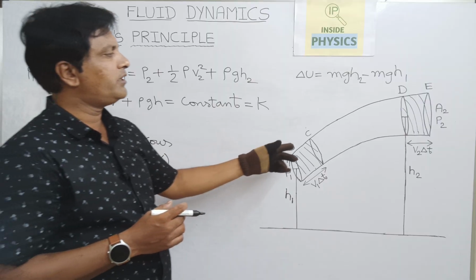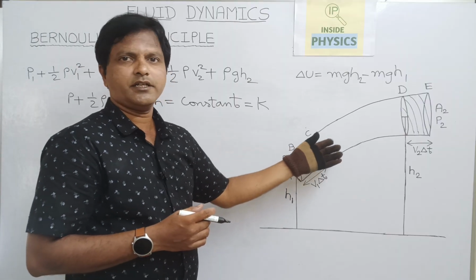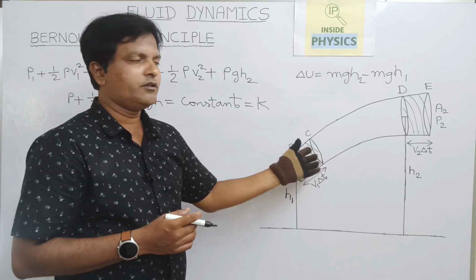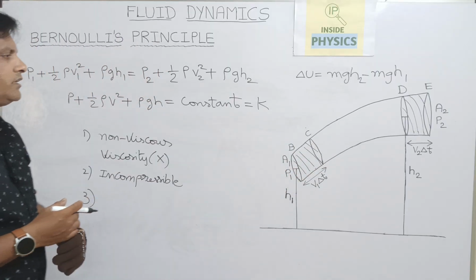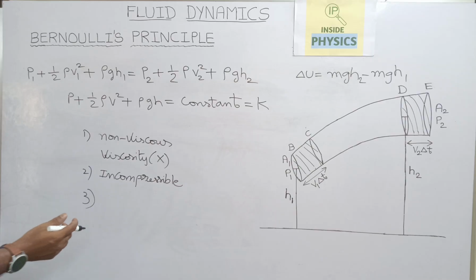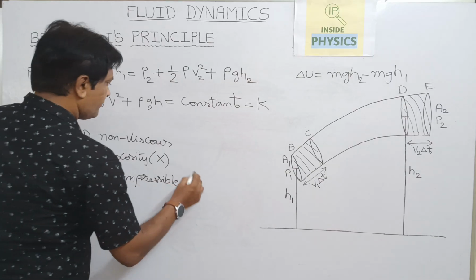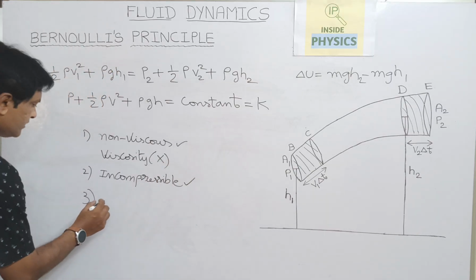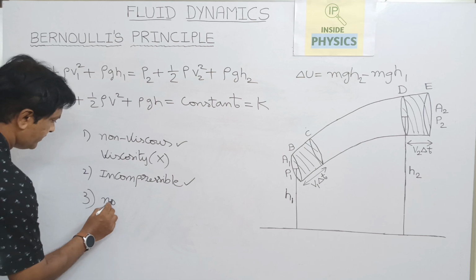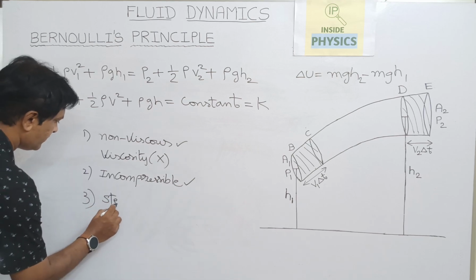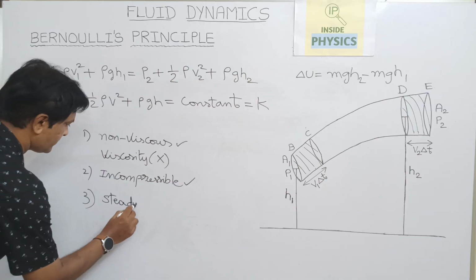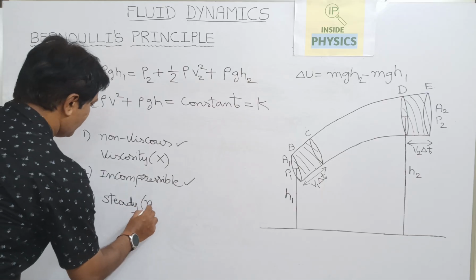Because in a turbulent flow, the pressure, area of cross section and velocity will be varying from point to point and time to time. So these are the drawbacks. The liquid considered is a steady fluid, that means non-turbulent.